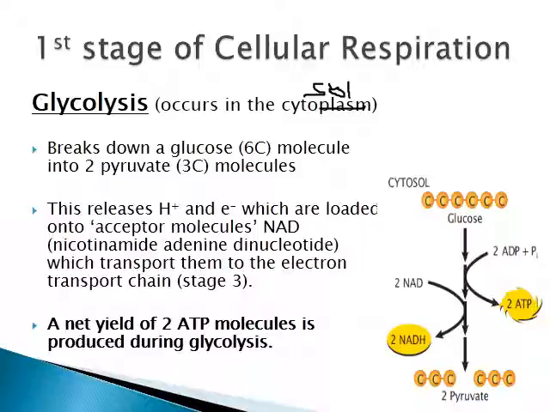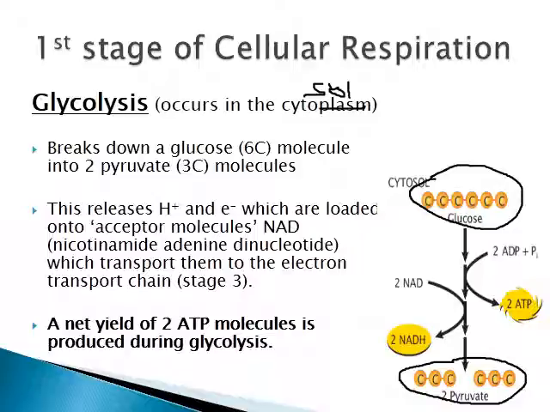So in glycolysis we have glucose coming in, and you can see here glucose is a 6-carbon sugar. It's a sugar made up of 1, 2, 3, 4, 5, 6 carbons. Glycolysis is the process where glucose is broken down into pyruvate, and pyruvate are 3-carbon sugars, and because we started with glucose, which was a 6, we produce 2 molecules of pyruvate.